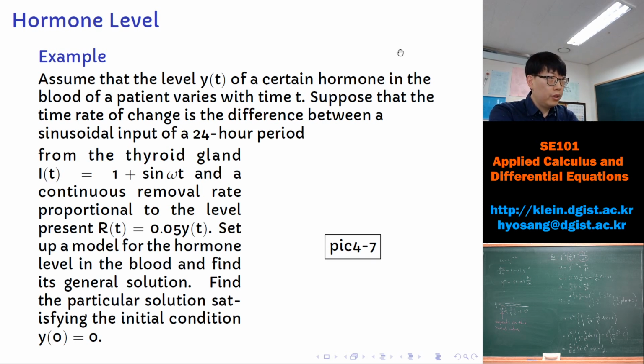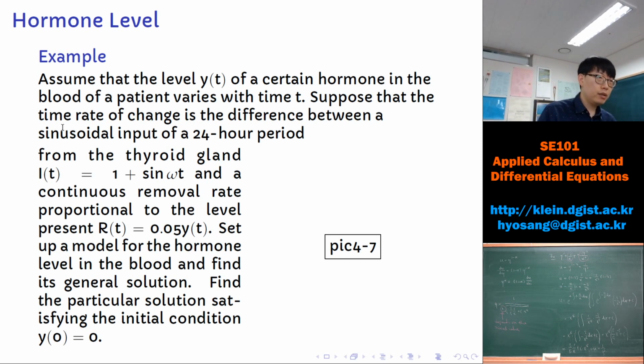So this is one example of a first order linear differential equation. Now assume that y is a certain hormone level in the blood of a patient at time t, and suppose that the rate of change, I think the word "time" is a typo, so just remove it.